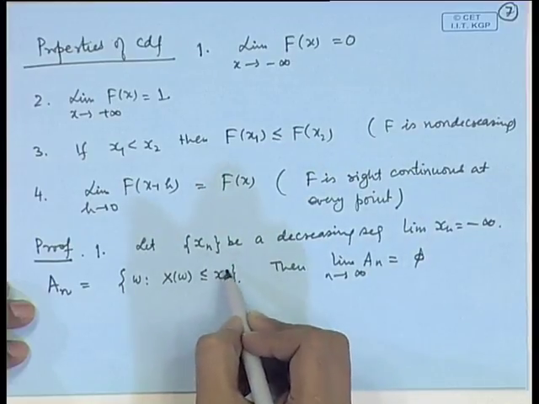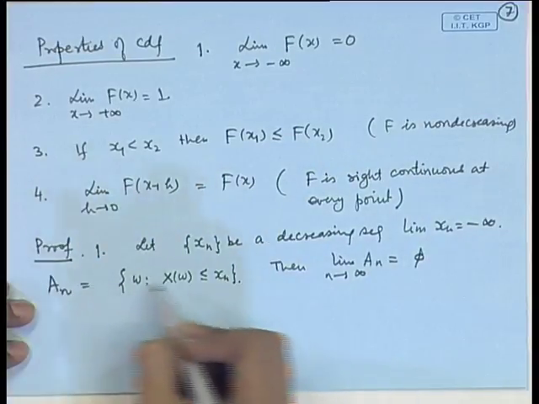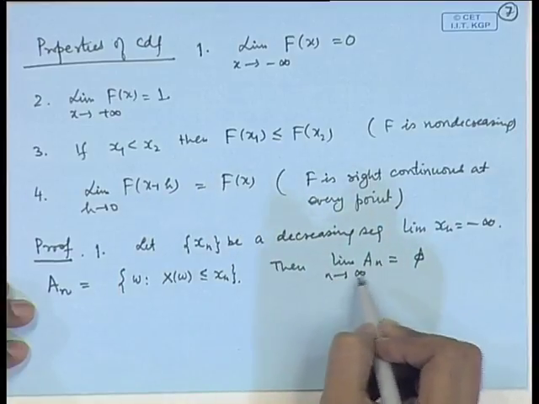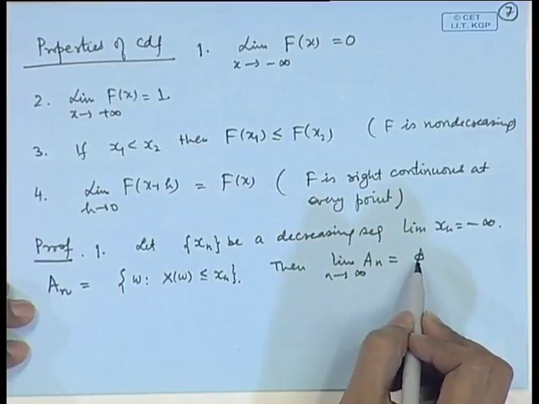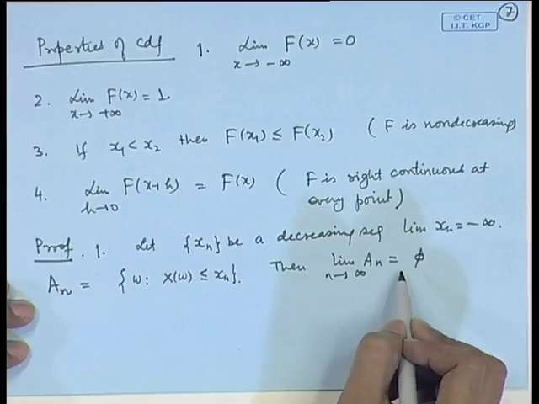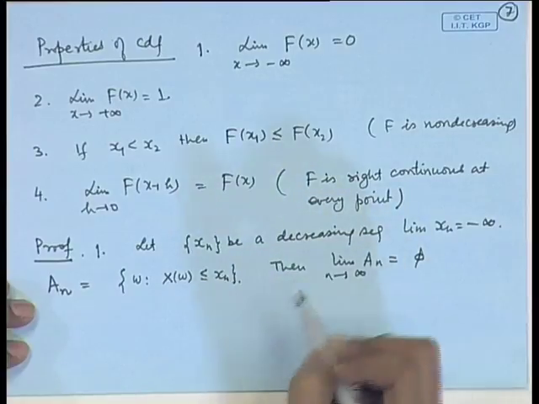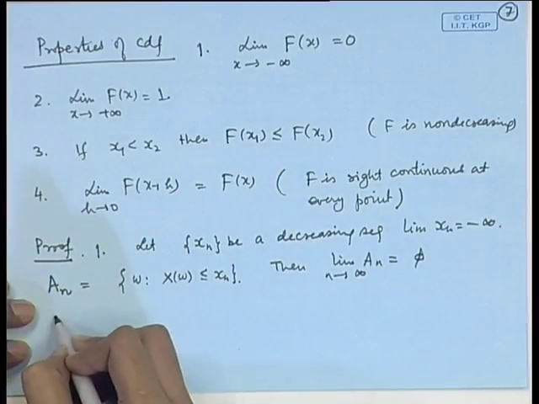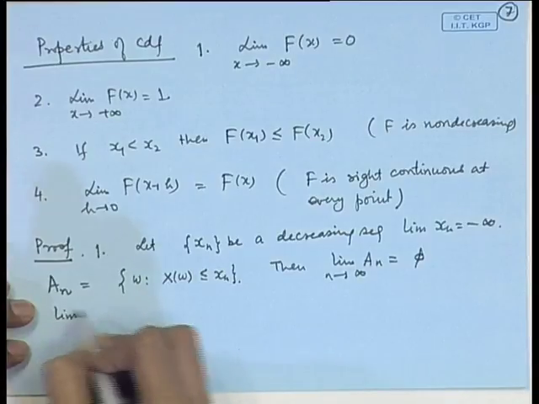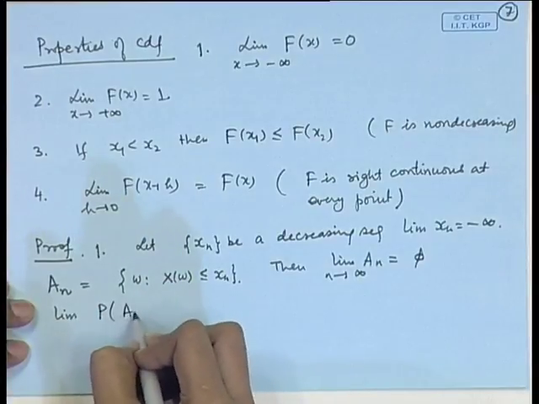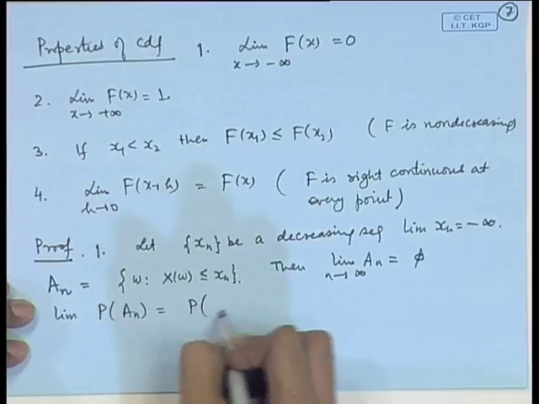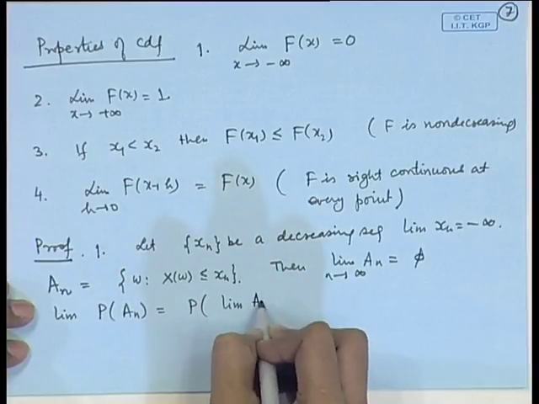Because if x_n is a decreasing sequence, then A_n will be a decreasing sequence, and if I take limit of A_n as n tends to infinity, this will be the empty set. So, now limit of probability of A_n is equal to probability of limit of A_n.